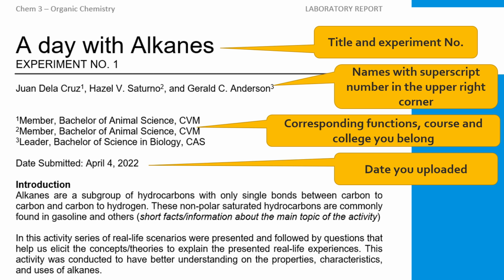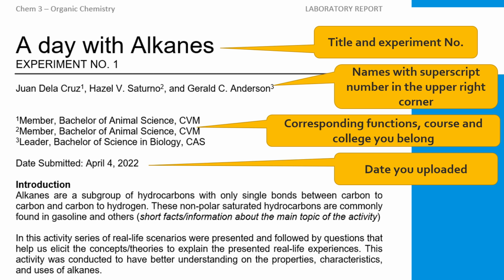The first part, introduction. So here, for example, our activity is with alkanes, so I already put an introduction like, alkanes are a subgroup of hydrocarbons with only single bonds between carbon to carbon and carbon to hydrogen, and other information was given. And then, I said next, in the second paragraph, I will be mentioning the objective of the activity.